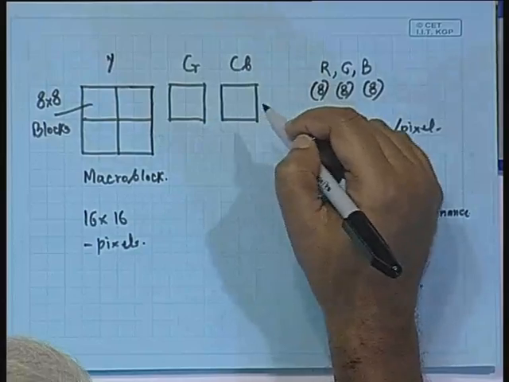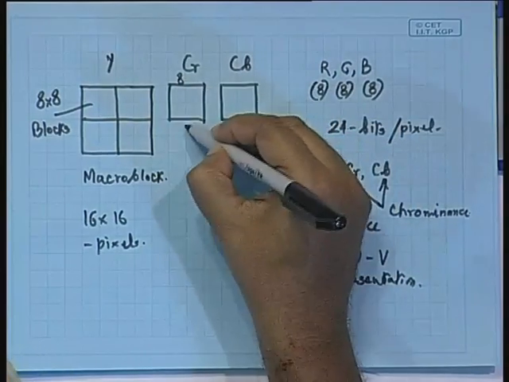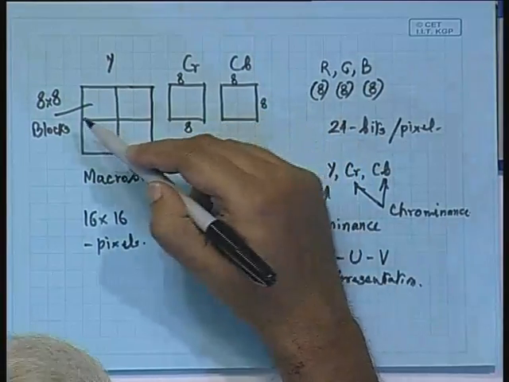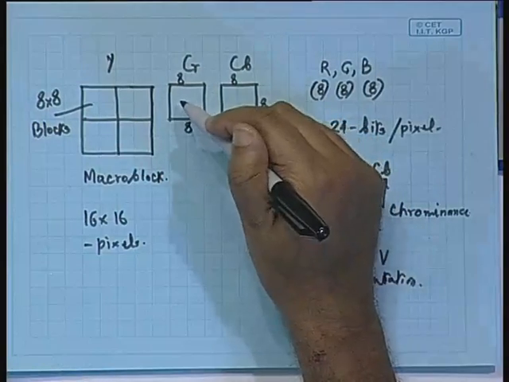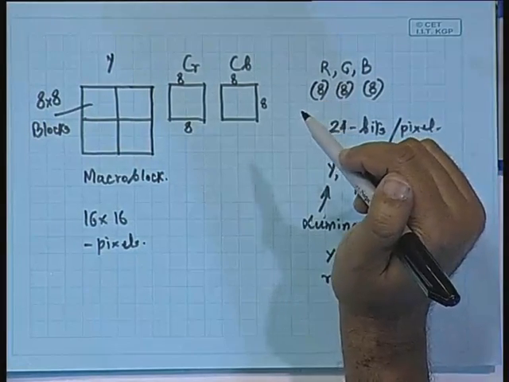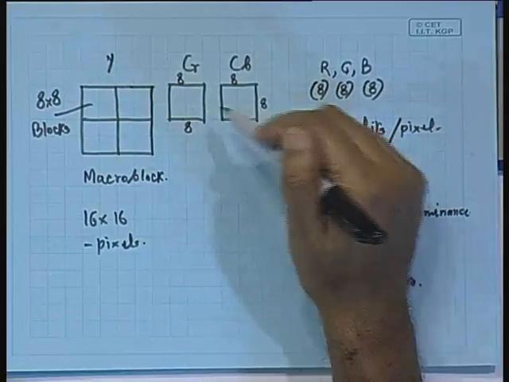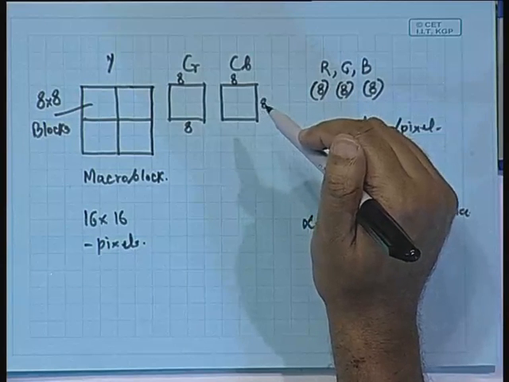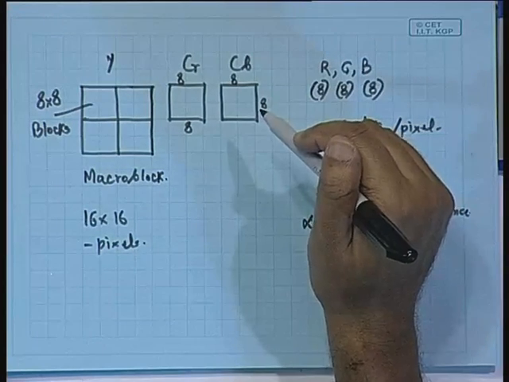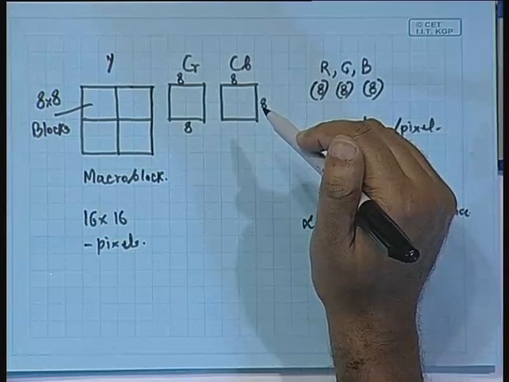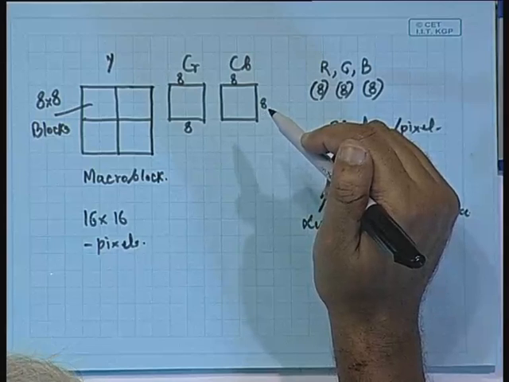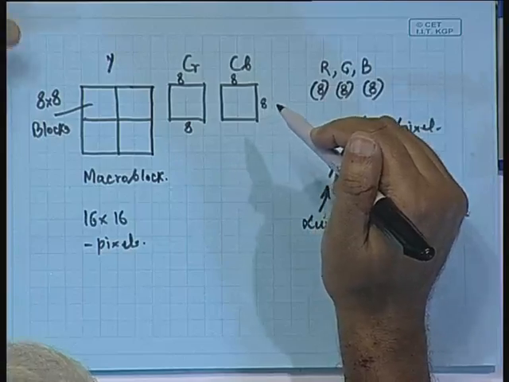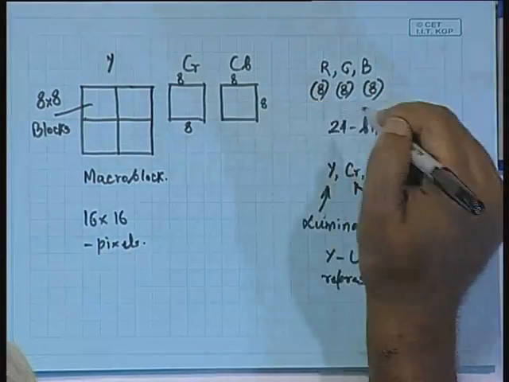So, we have essentially 6 blocks of size 8 by 8: 4 blocks corresponding to the luminance, 1 block corresponding to CR, and 1 block corresponding to CB. We can only do this because in the color space we can subsample by a factor of 2 without affecting the psychovisual performance. So, making use of this psychovisual redundancy aspect, it is possible to have a representation like this.